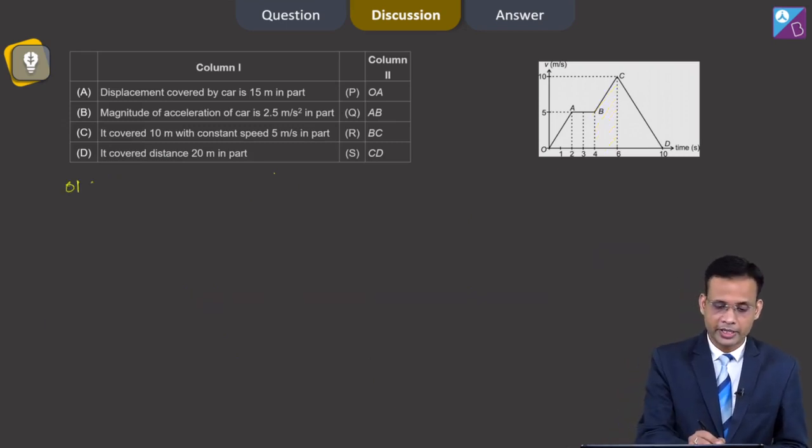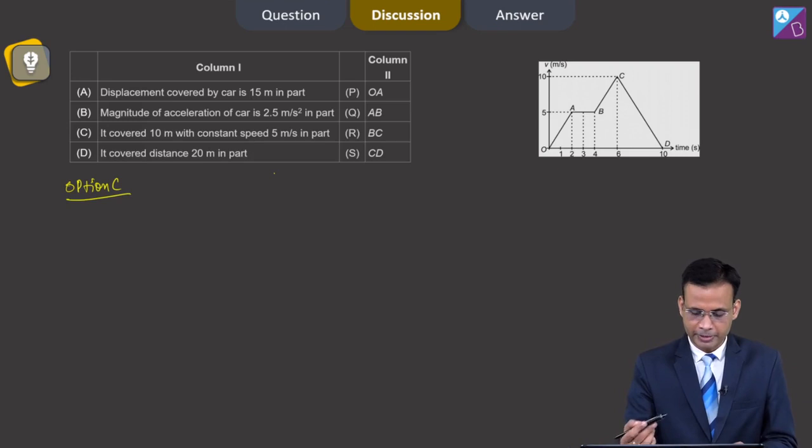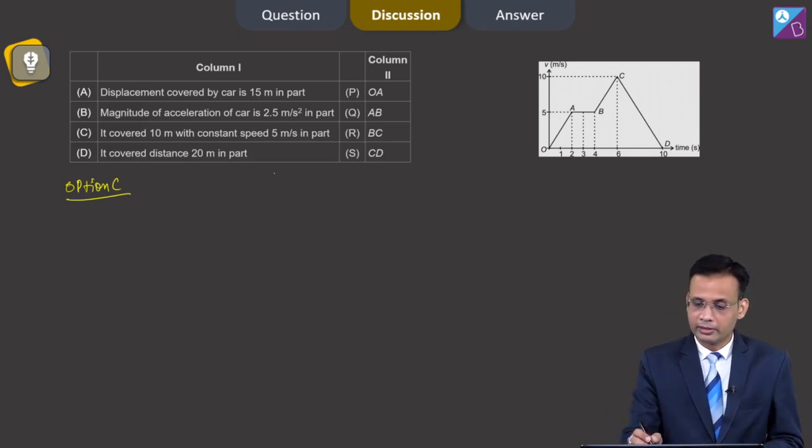Now, for option C, car travelled with a constant speed of 5 meter per second. So, if you look at the graph, then you can directly find that car travelled with constant speed in the region AB.